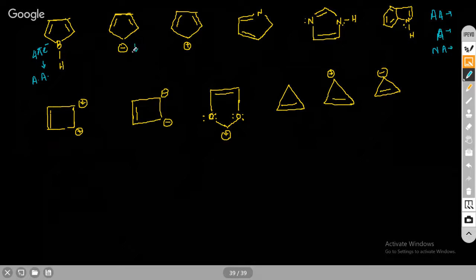What about this one? 6 pi electrons, aromatic. Third one, anti-aromatic, because it has 4 pi electrons. So it is anti-aromatic. What about this? Fourth one.